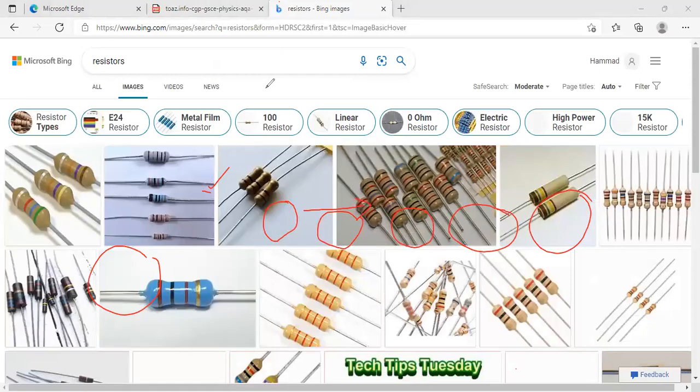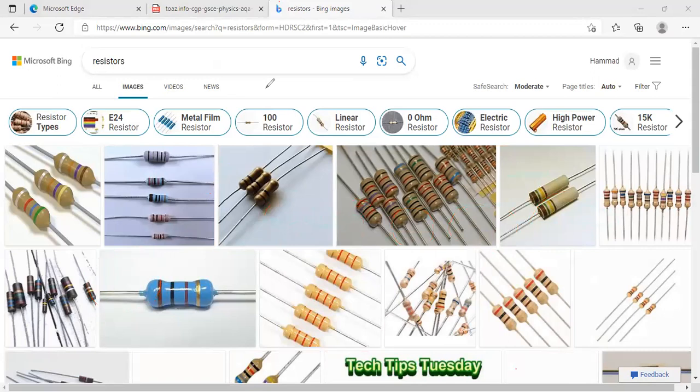So you can see there are many images over here. All these components are resistors. We connect them in circuits, right? A resistor is something which we can touch, we can see, and we can connect in a circuit. Now, why do we use this? In order to decrease the amount of current that is flowing through that circuit, right? Now, what is resistance?